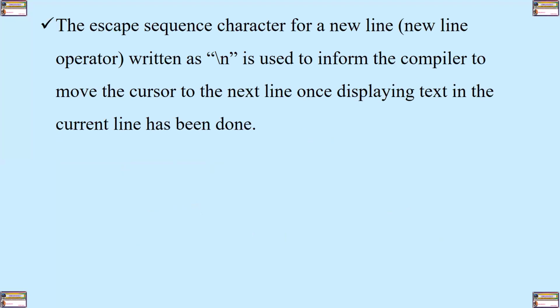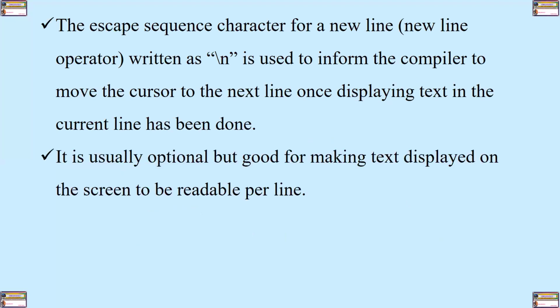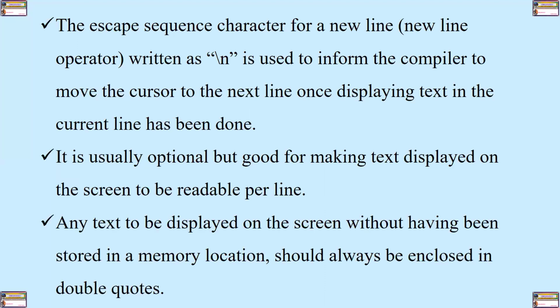The escape sequence character for a new line, just as I've said, is backslash n. It's used to inform the compiler to move the cursor to the next line once displaying text in the current line has been done. It is usually optional, but good for making text displayed on the screen be readable per line.